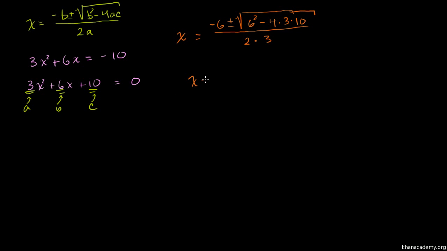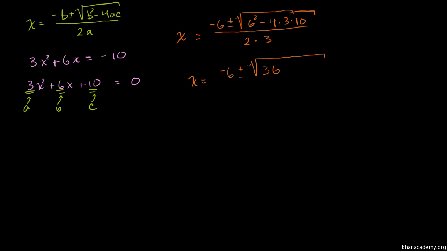So we get x is equal to negative 6 plus or minus the square root of 36 minus, this is interesting, minus 4 times 3 times 10. Yeah, 4 times 3 times 10.